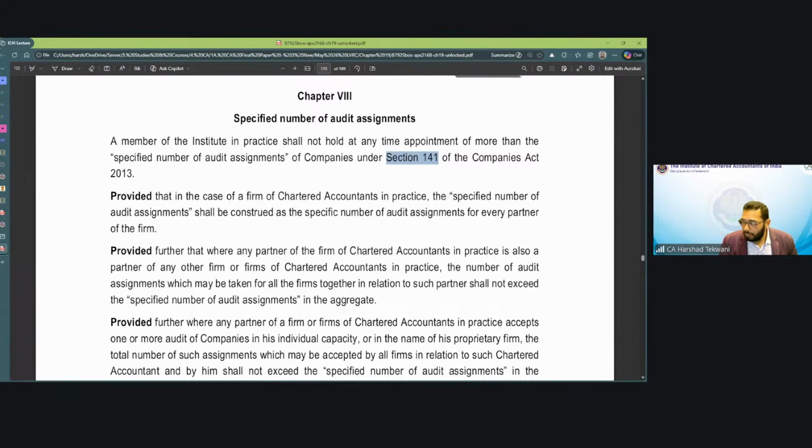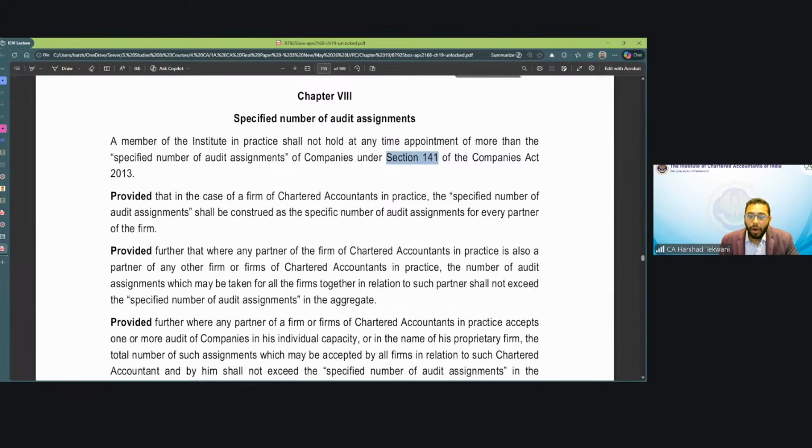But again, remember one thing. When we talk about internal audit, even though there is no limit, you need to think of the code of ethics. Code of ethics is still applicable. If you perform any assurance function where you sign the report without verification, you may be held grossly negligent.